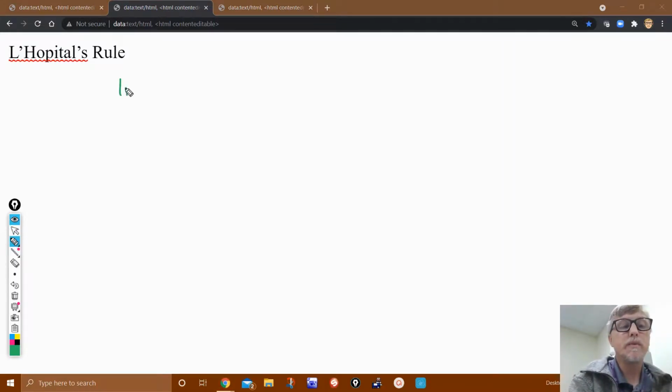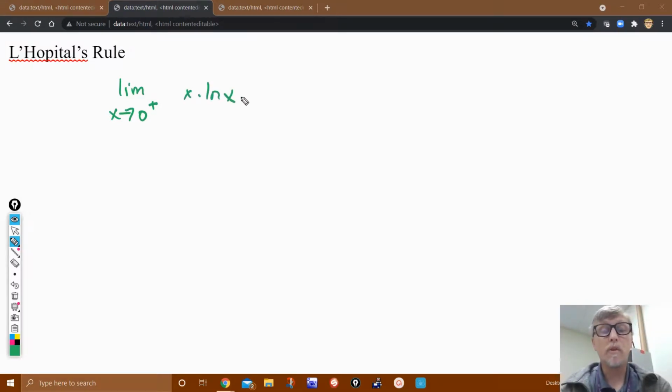Let's see if we can find the limit as x approaches 0 from the right of x times the natural log of x. Now, first of all, our expression is not a fraction, so we're going to have to make it into one. I'm going to show you how to do that.